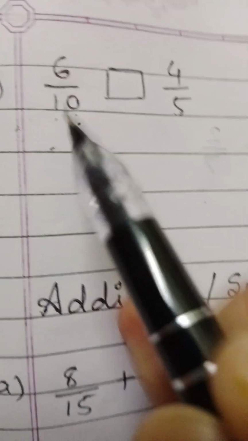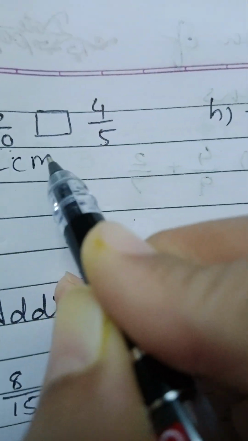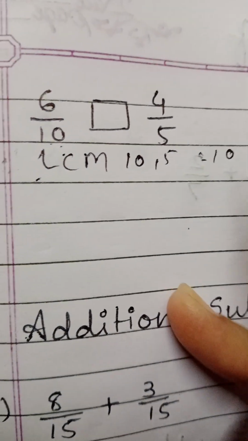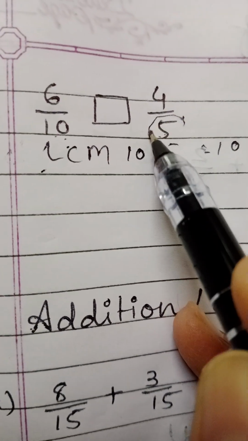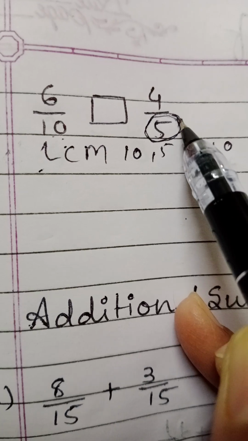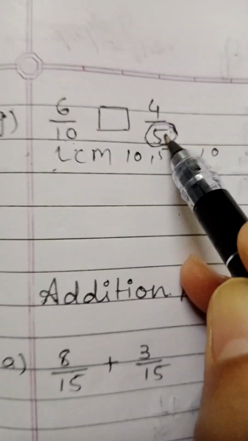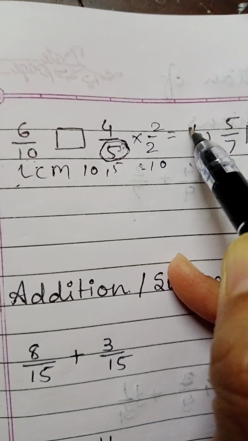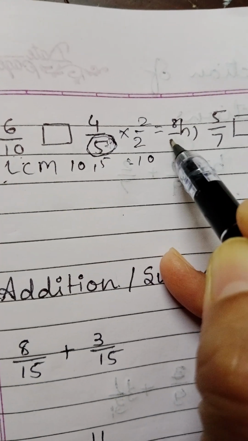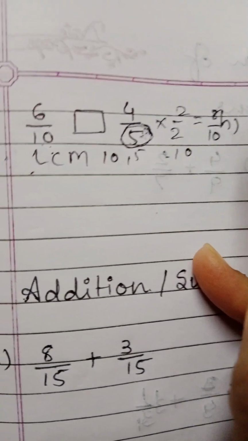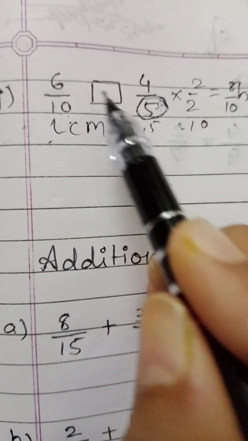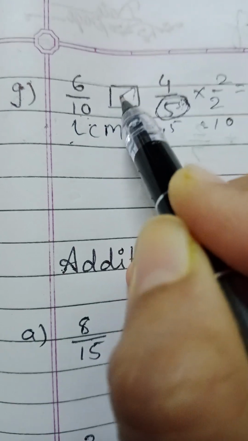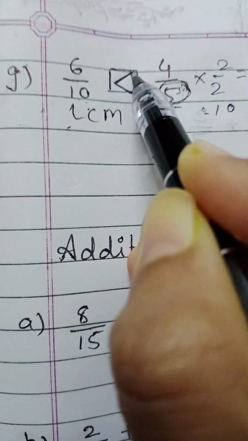So we need to find the LCM of 10 and 5, and the LCM of 10 and 5 is going to be 10. I'll try to bring 10 to this place. If I want to bring 10 at this place, I need to multiply both of these by 2. So this is going to be 8 and this is going to be 10. So this is 6 upon 10 and this is 8 upon 10. This is going to be the greater fraction.